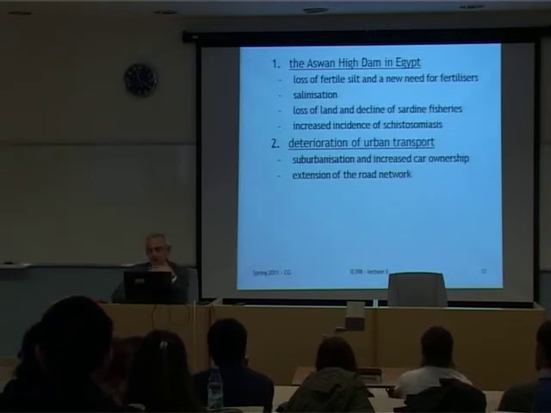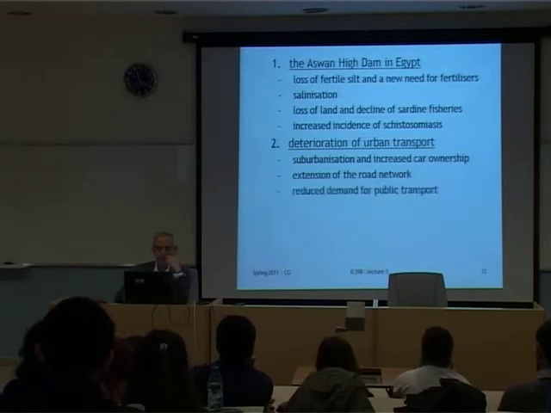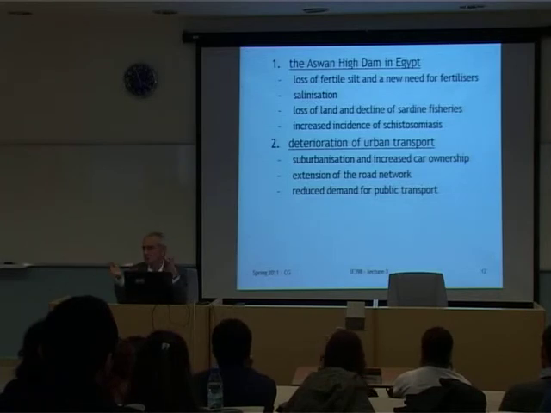And you can see that around Ankara always new roads are being constructed. What happens as a result is that the demand for public transport is reduced by increased car ownership. I mean, this may not exactly apply to the example of Ankara, but you can imagine such a situation.